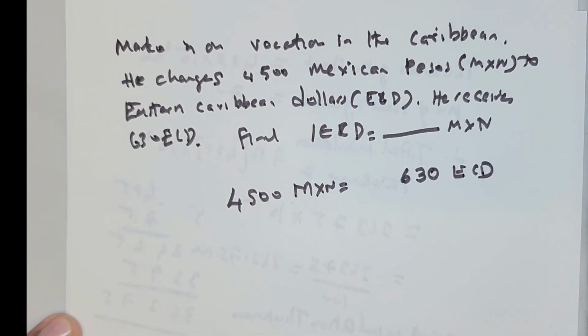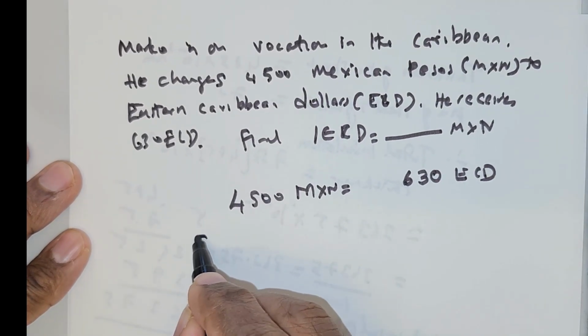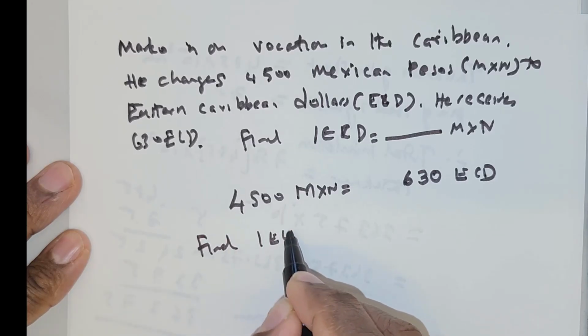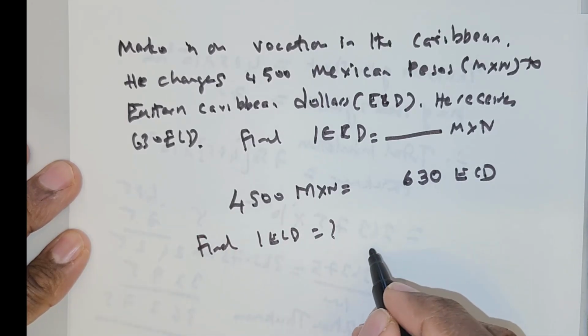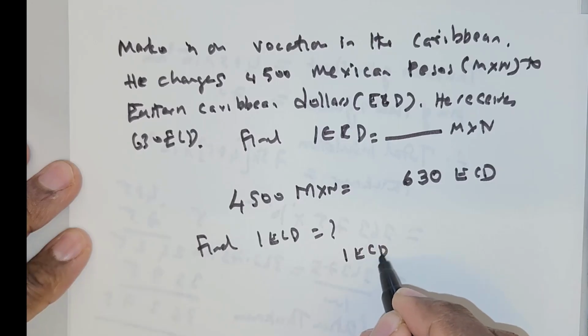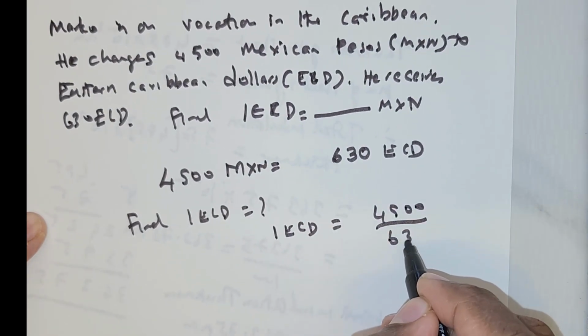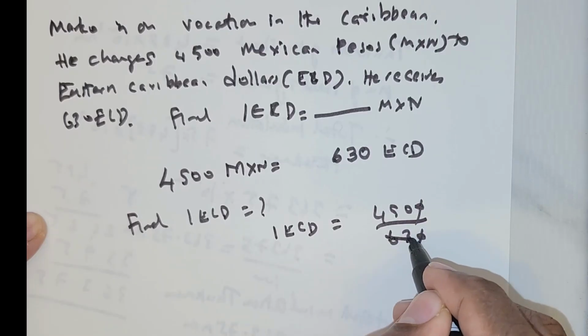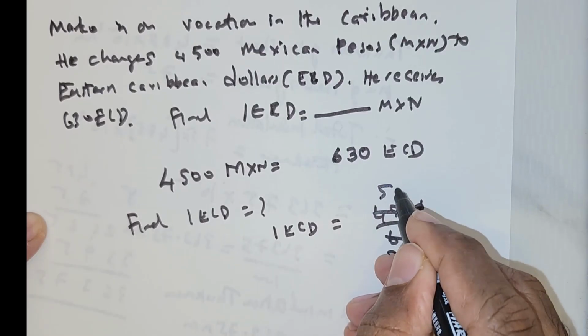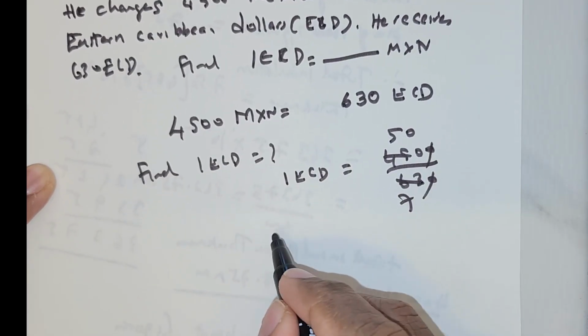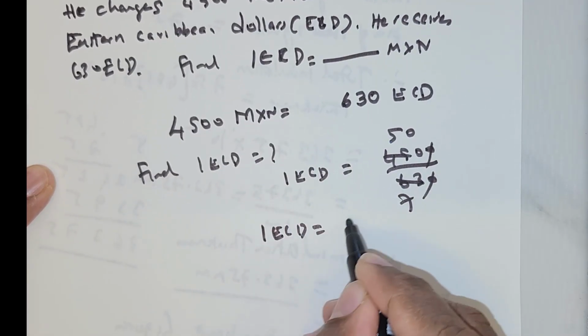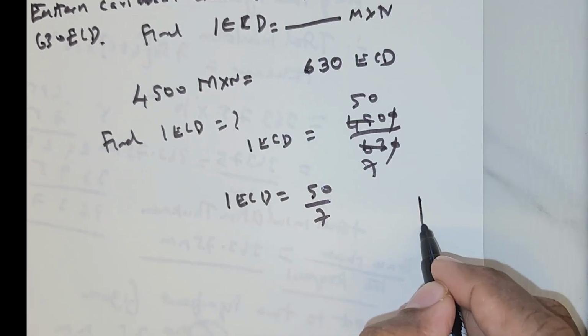Okay, what they are asking us is to find 1 ECD is equal to how much. So from here 1 ECD is equal to 4,500 divided by 630. We cancel: 9 divides here 7 times, 9 divides here 5 times. So 1 ECD is equal to 50 divided by 7.